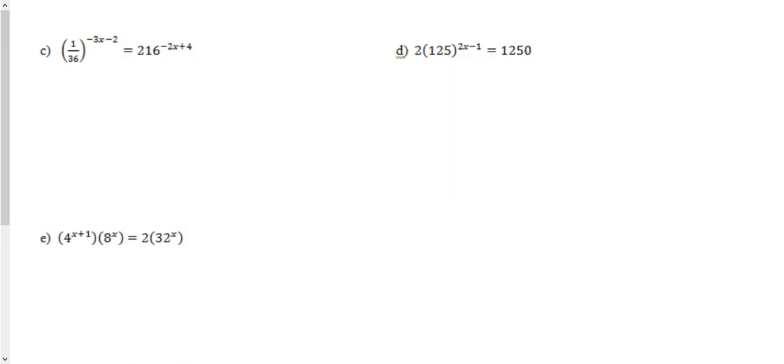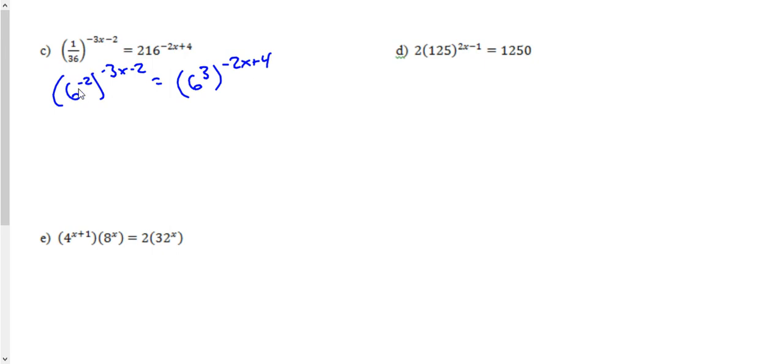To rewrite this, let's see what we get. So I know that 1 over 36 is going to be 6 squared, and if it's in the denominator, I'm going to quickly rewrite it as 6 to the negative 2. That's my left, and on my right I got 6 cubed to the minus 2x plus 4.